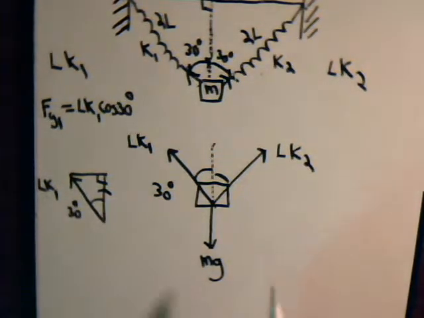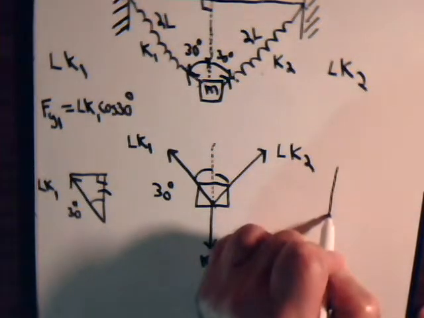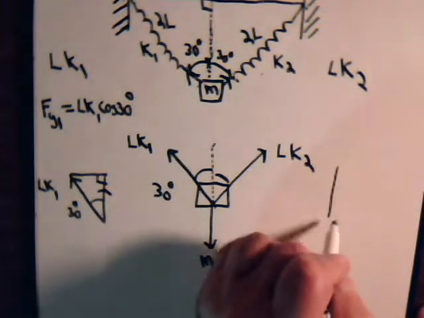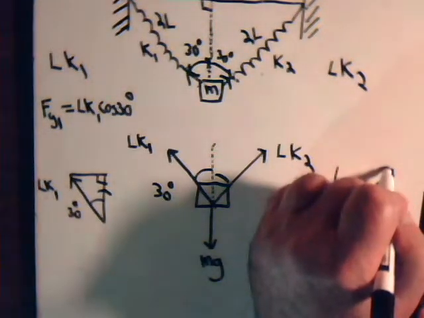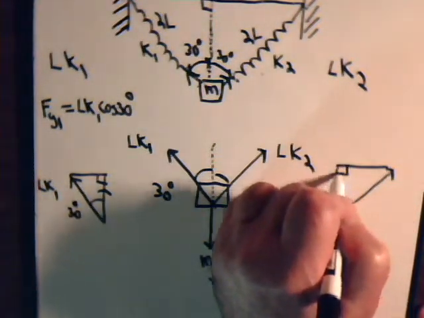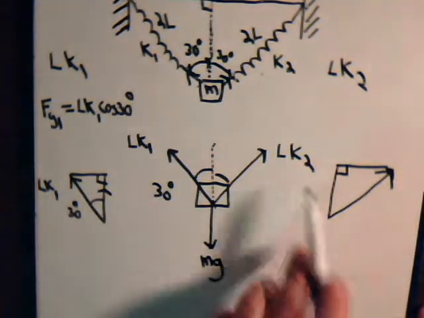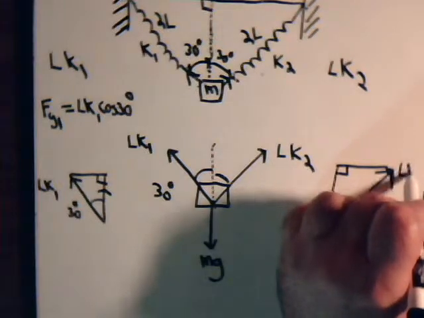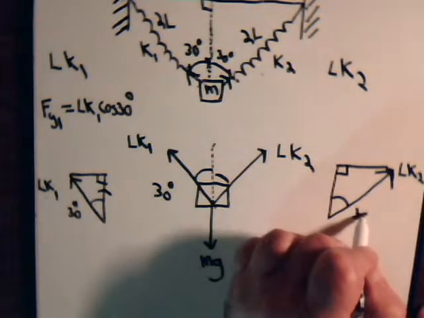So let's consider this triangle where we have the vertical. Here's the hypotenuse. The hypotenuse is pointing up in this direction. It has a magnitude of LK2. And again, this is 30 degrees.